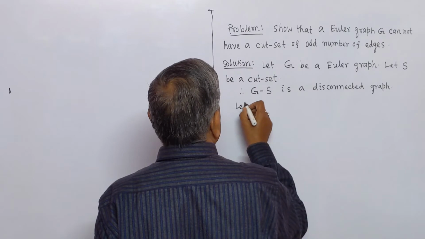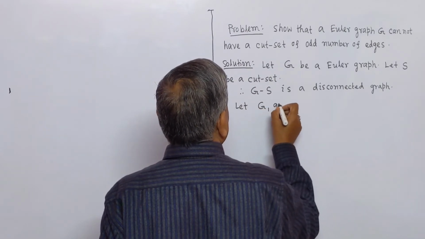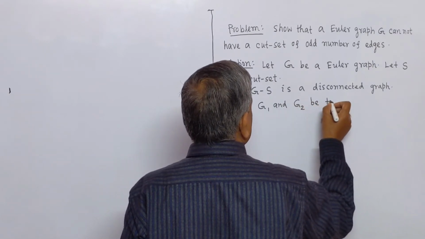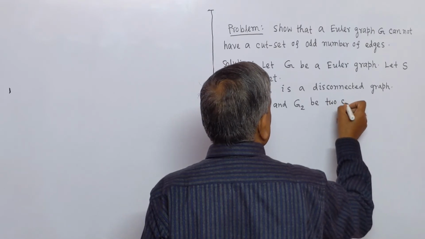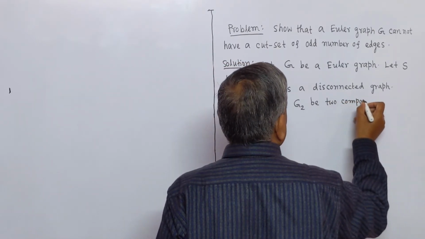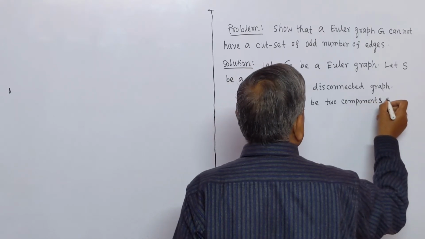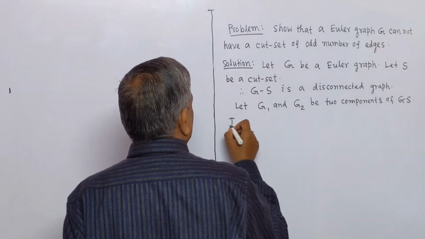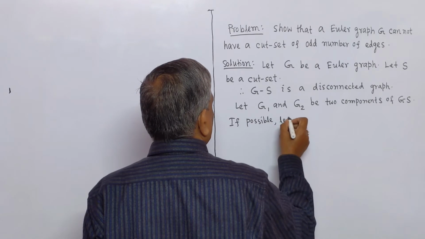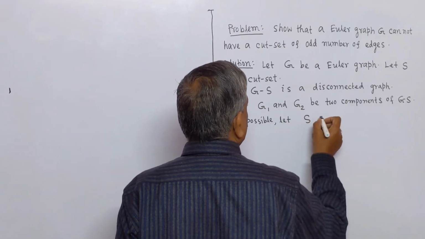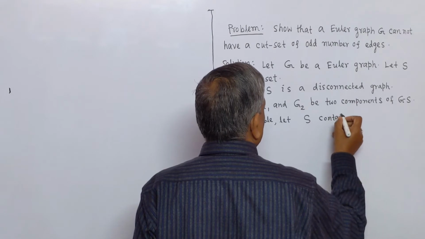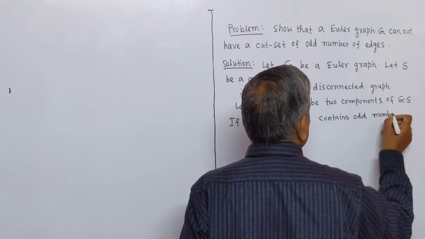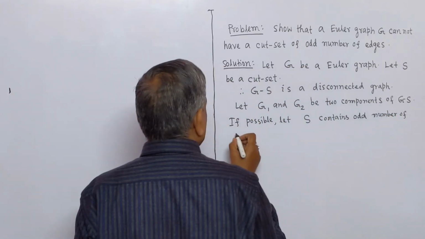Let G1 and G2 be two components of G minus S. If possible, let S contain an odd number of edges.